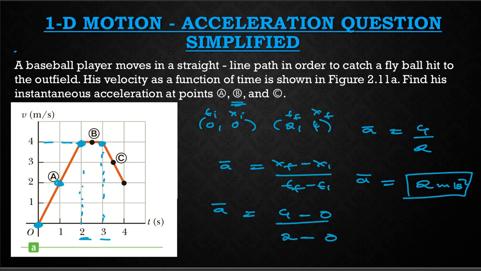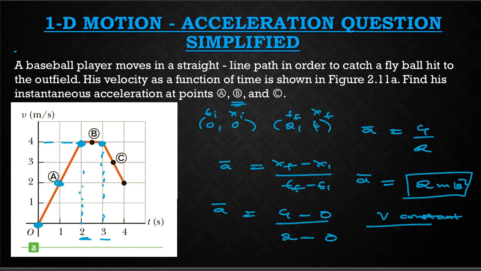Now we can go and determine the value of velocity there. As you can see, the line is straight. For a velocity time graph, when you see a straight horizontal line, it means velocity is constant.